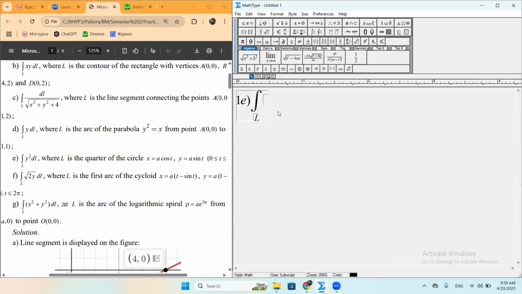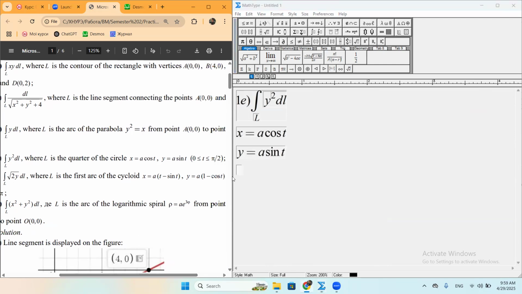The following integral: y square dl, and it is a quarter of the circle. x equals a cosine of t, y equals a sine of t, and t changes from 0 to p over 2.